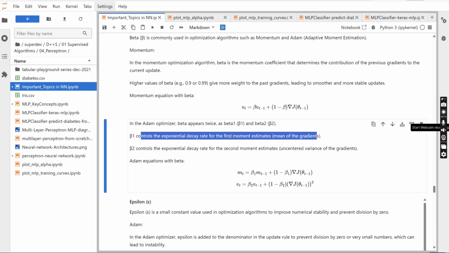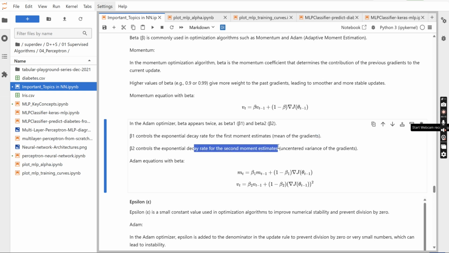So that controls that exponential decay. The second one controls the exponential decay for the second moment estimates. So there are two different gradient terms, and the first beta controls the first one, the second controls the second one. The difference is that the first one, notice there is no square here, only takes the previous gradient into account, whereas the second one, Vt, takes into account the variance of the gradients, so it takes the squared term.